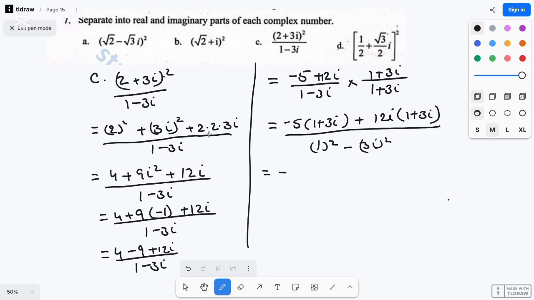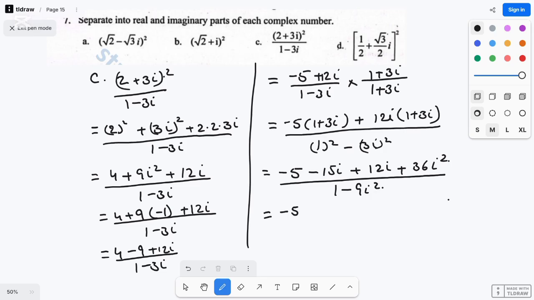Multiply -5: -5 times 3 is -15 iota. With 12 iota: 12 iota plus 12 times 3 is 36 iota into iota, it is iota square. Denominator: 1 - 9 iota square. Put the value of iota square: plus 36 into -1.